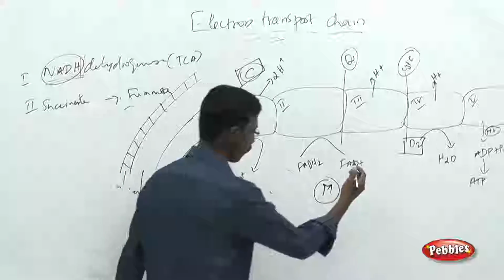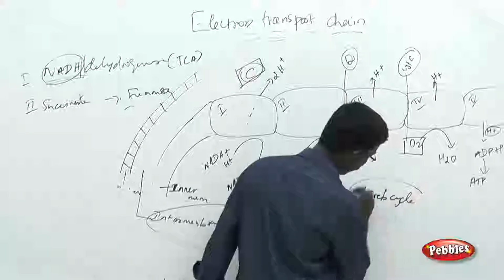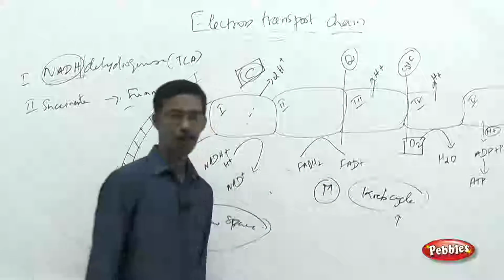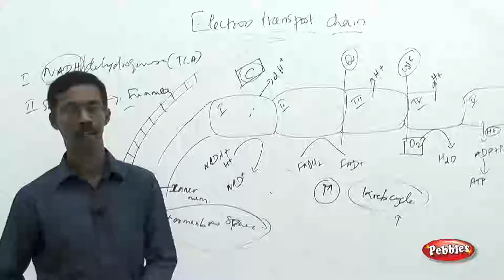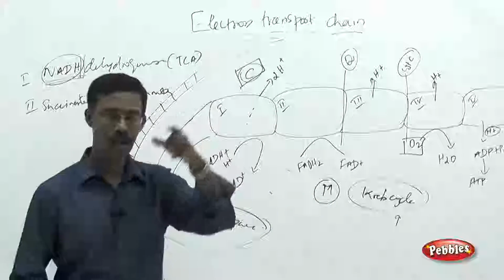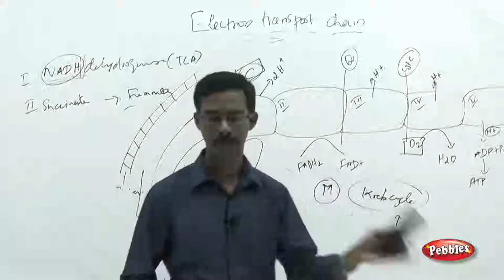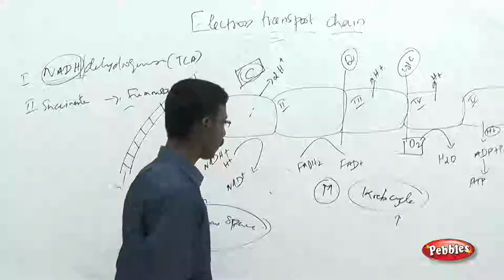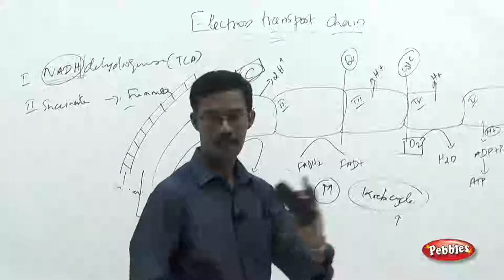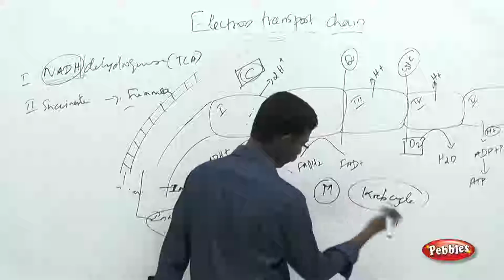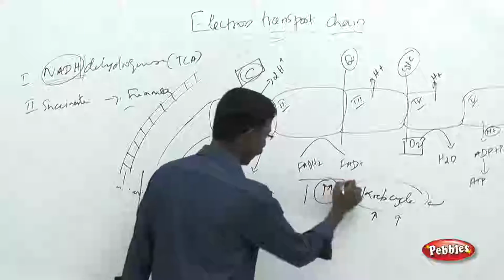As I told you in the previous section, in the matrix all the Krebs cycle process happens: the conversion of pyruvate into acetyl CoA, the entering of acetyl CoA as citric acid into the Krebs cycle, all the 10 steps of the Krebs cycle, the synthesis of NADH and FADH2 molecules, the remaining products coming back to the cycle, and the conversion of pyruvate into carbon dioxide and other byproducts. So everything happens on the matrix side.